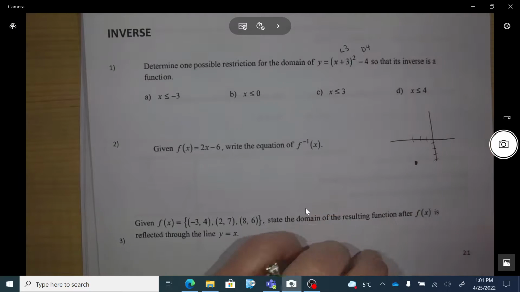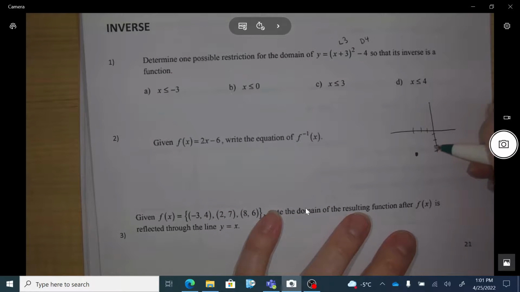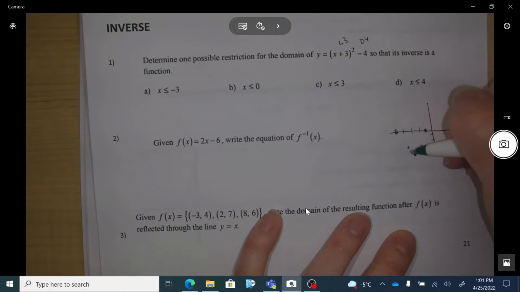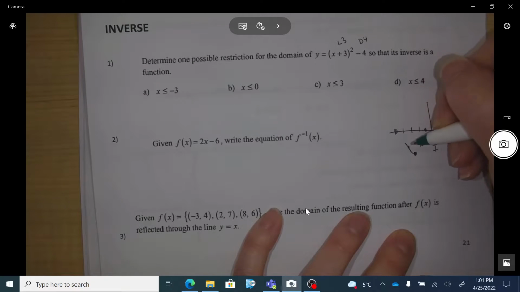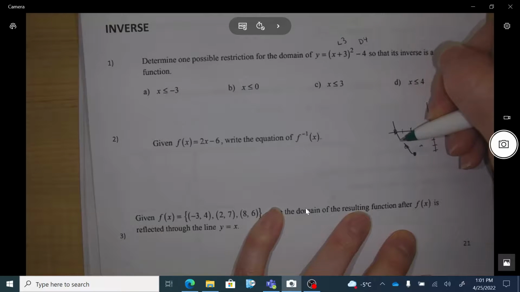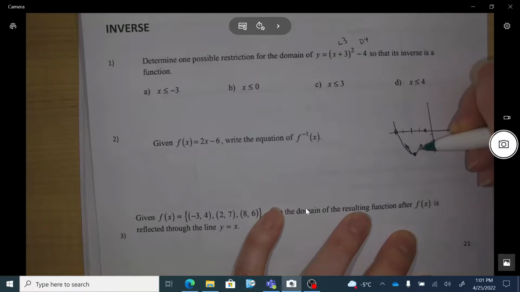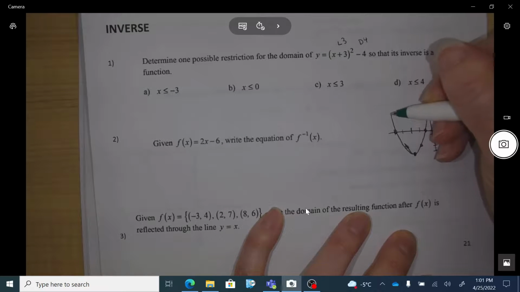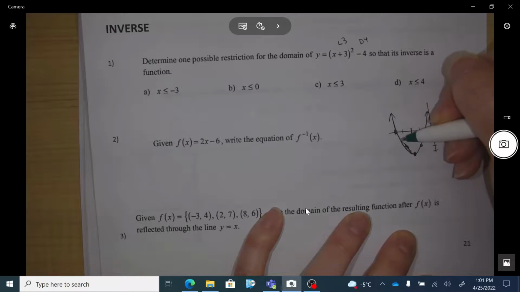And its slope is 1, so I'm doing a 1 over, 1 up, a 2 over, 4 up, so that's kind of the idea of my parabola.